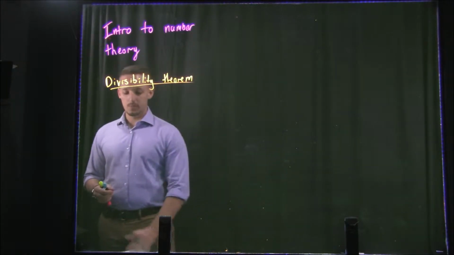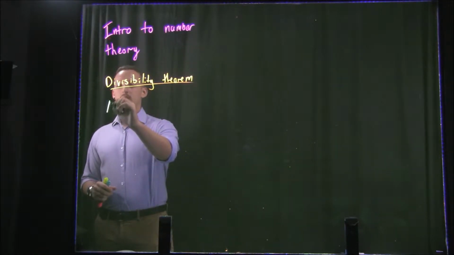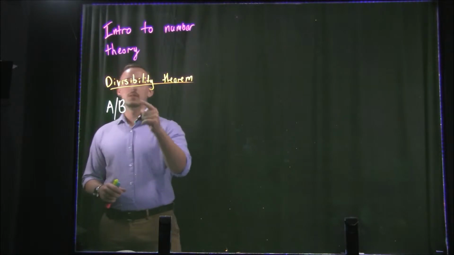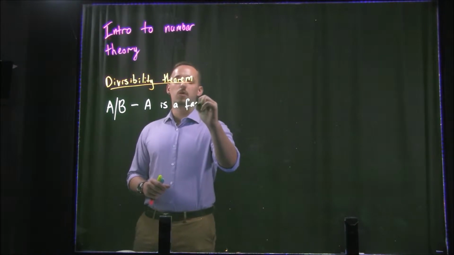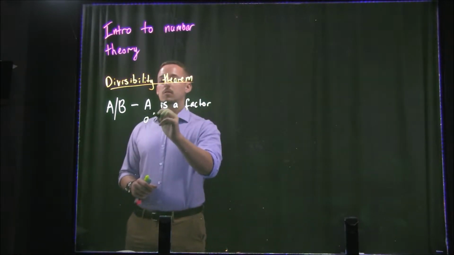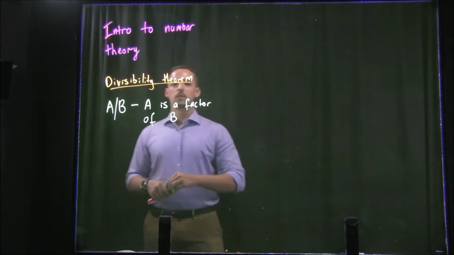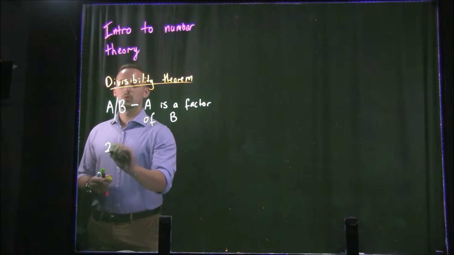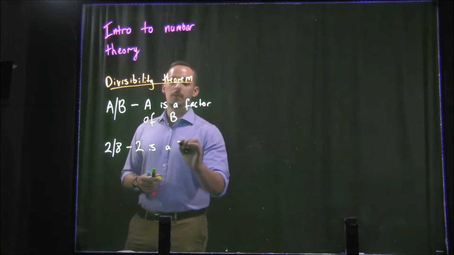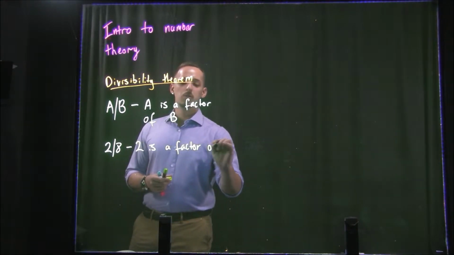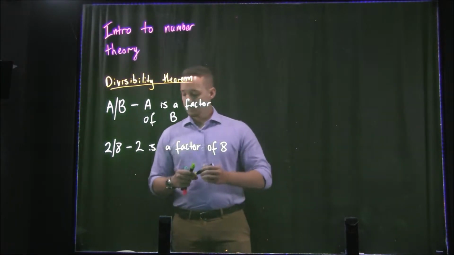So our first theory works on the basis of this: A/B means that A is a factor of B. For example, 2/8 means 2 is a factor of 8. And we know that because 8 can be divided by 2, therefore it is a factor.